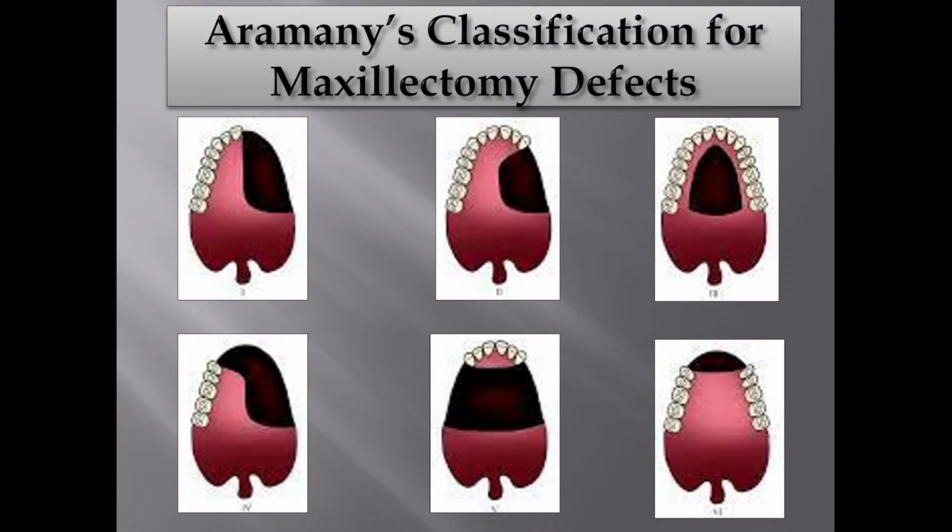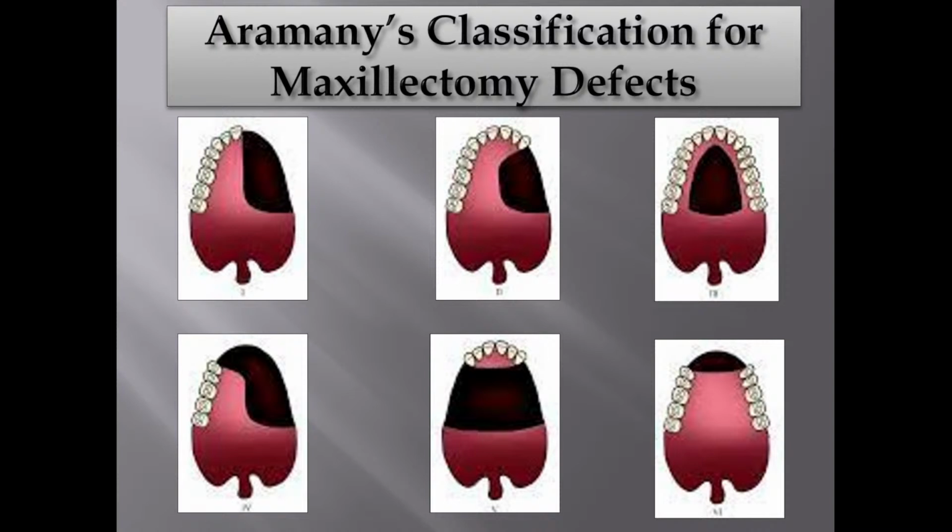Class 4, the defect crosses the midline and involves both sides of the maxilla with abutment teeth present on one side, but it's bigger than class 1. Class 5, the defect is bilateral and lies posterior to abutment teeth. Labial stabilization may be needed. And class 6, an anterior maxillary defect with abutment teeth present posterior to the defect on either side of the remaining maxilla.